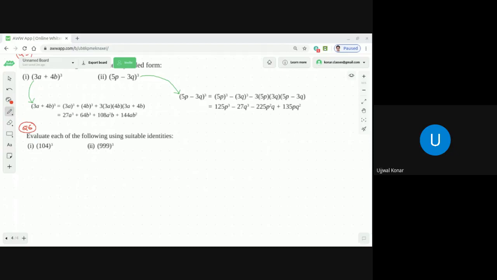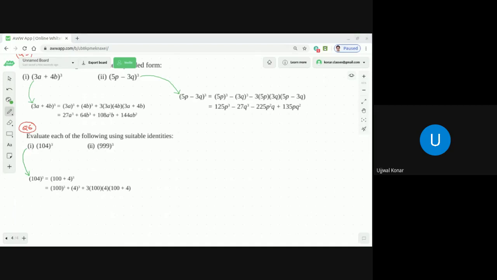So what is the methodology we are following? We are following that 104 whole cube is equal to 100 plus 4 whole cube. Correct, no? A plus B whole cube. Just a minute, let me show you. Now, after that, what you need to do?